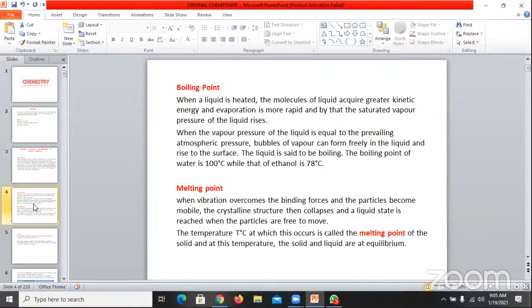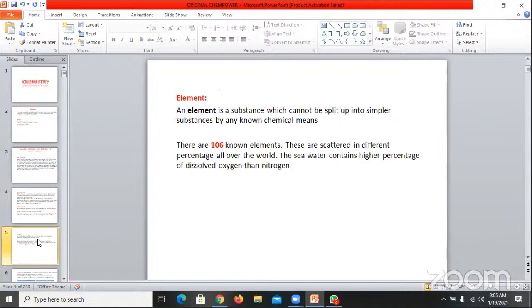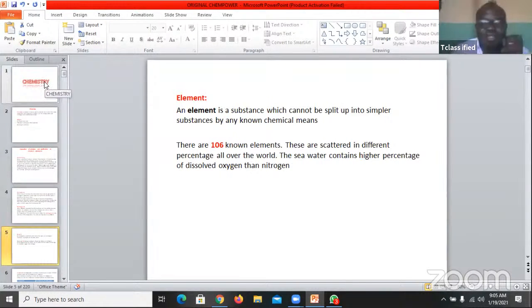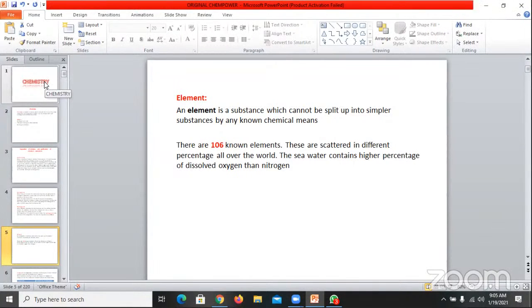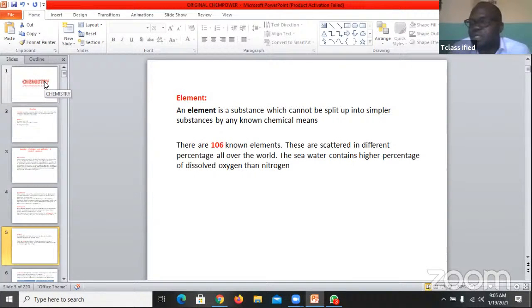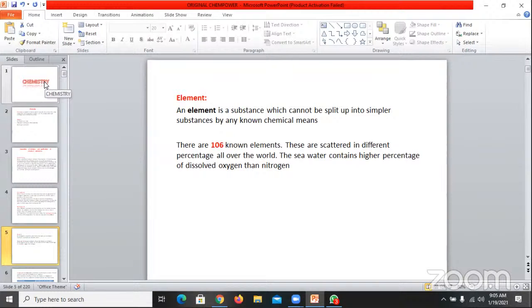But the parameters that you can use in checking for the purity of substances, can you give me three? I'm not sure if I know them. Okay. You can use melting point, you can use boiling point, and you can also use color. So you get it now? Yes, yes.